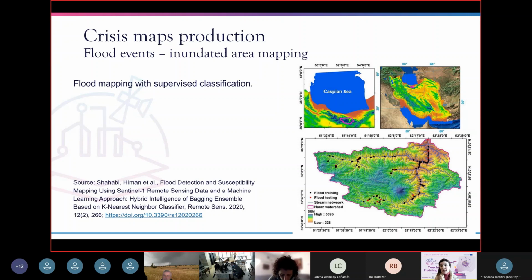classifier was in selecting the proper pixels which were similar to the training set, because I remind you that making a classification means grouping the pixels of the image which are similar to one another. In order to do that you need to provide this sample, and the algorithm is going to look for other pixels of the image which are similar to those.